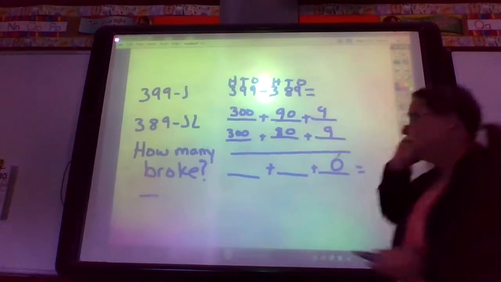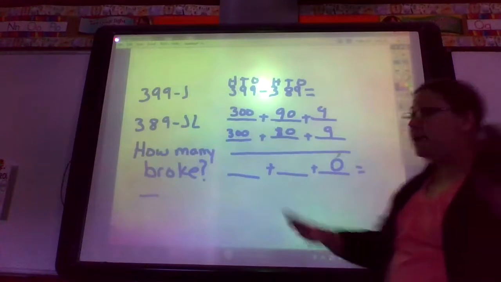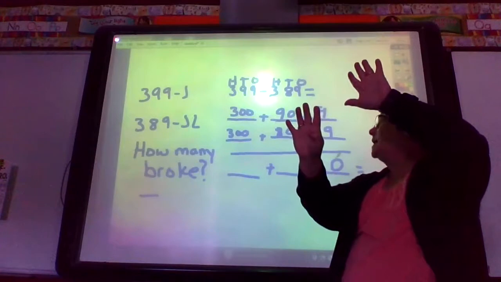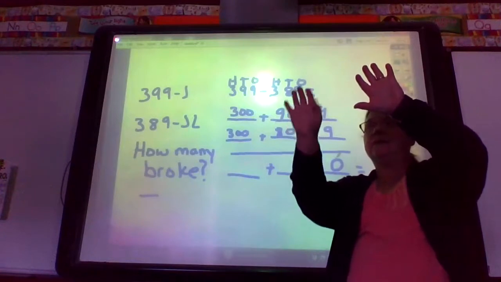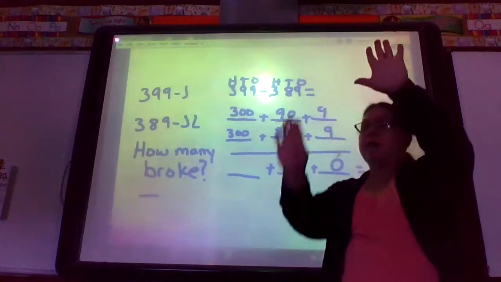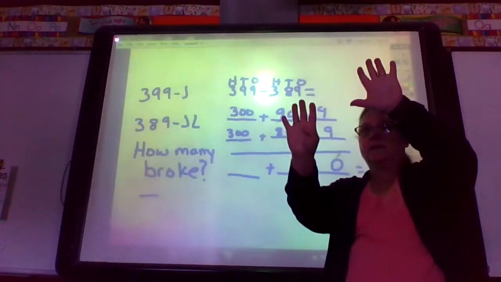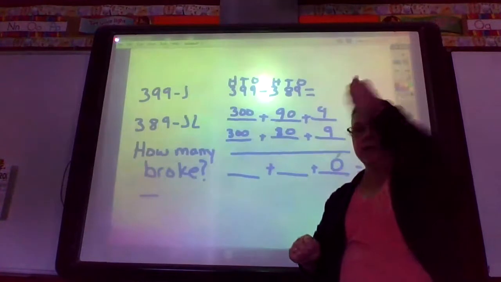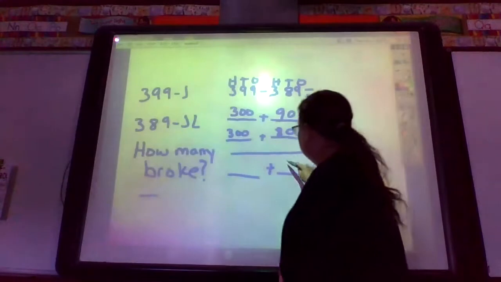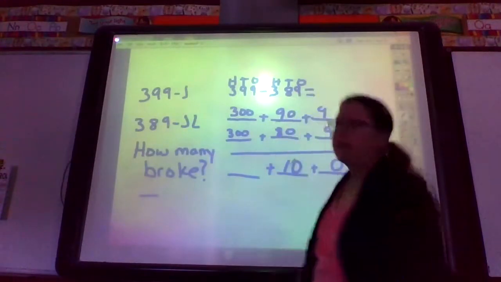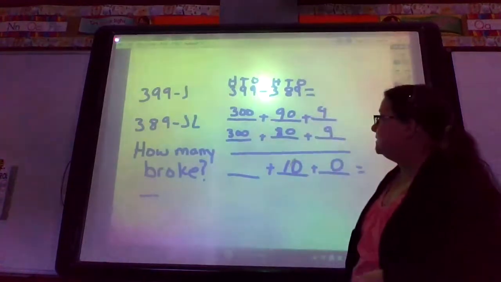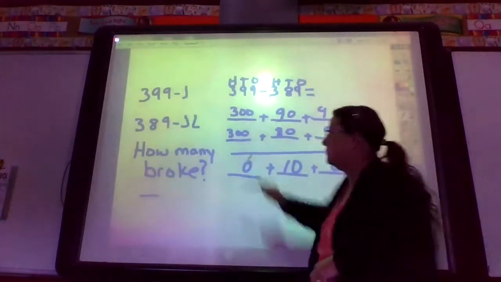Let's look at my tens. If I have 9 tens and I take 8 of them away, I have 1 ten left. If I have 300 and I take all 300 away, I have a 0 there. So I don't have any hundreds left.